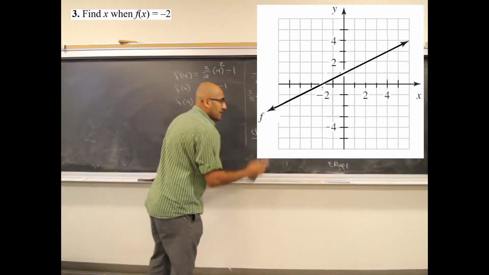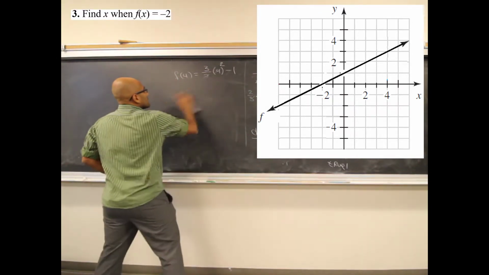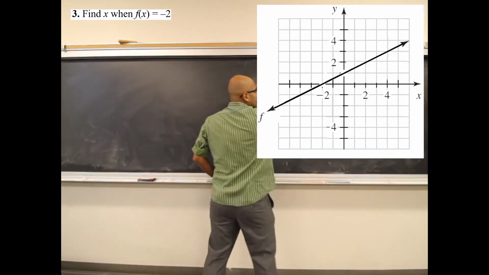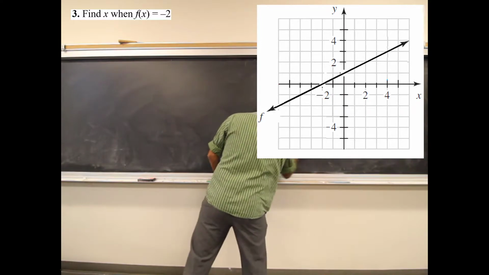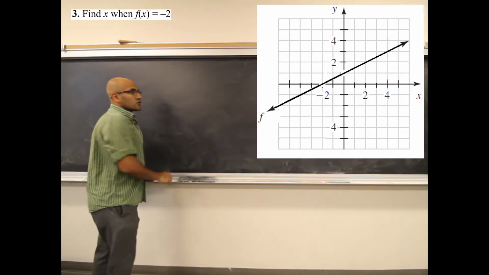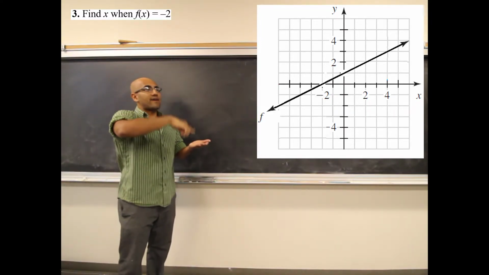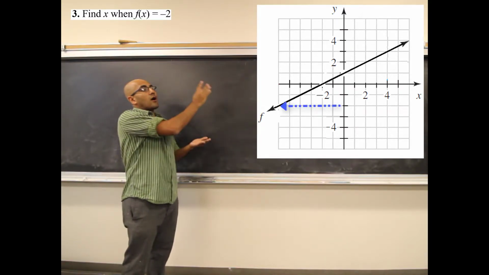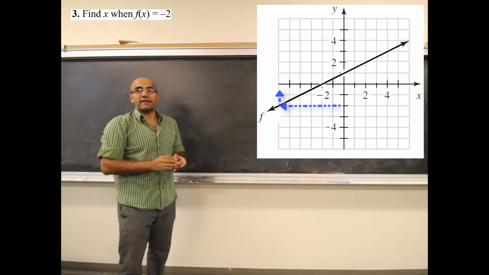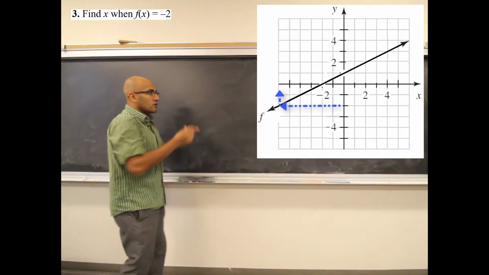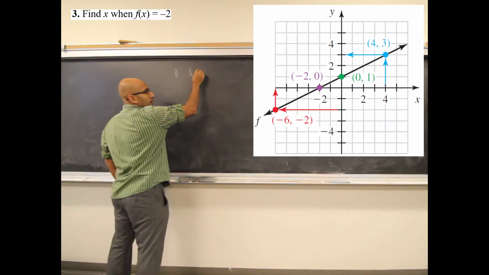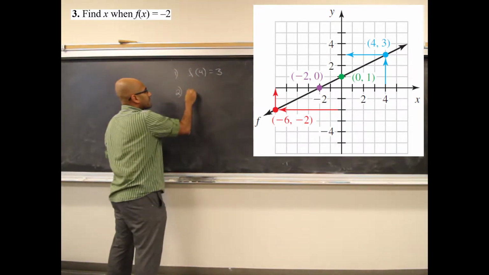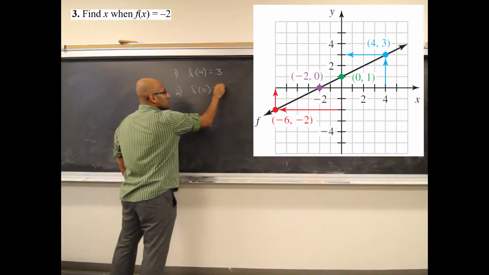Find x when f of x is negative 2. So now we kind of have to go backwards, right? The negative 2 is the y. So we find negative 2 along the y-axis, and then go across until we run into our function, and then go down and see that x is about negative 6. So for the first one we had f of 4 equals 3. For the second one we had f of 0 equals 1.